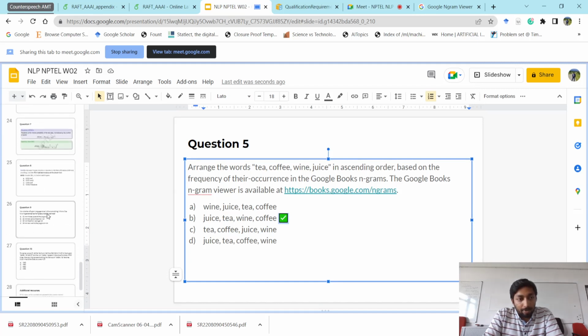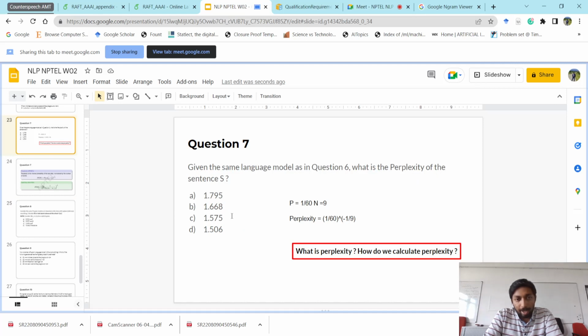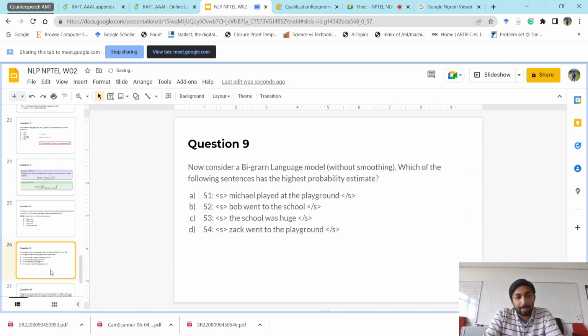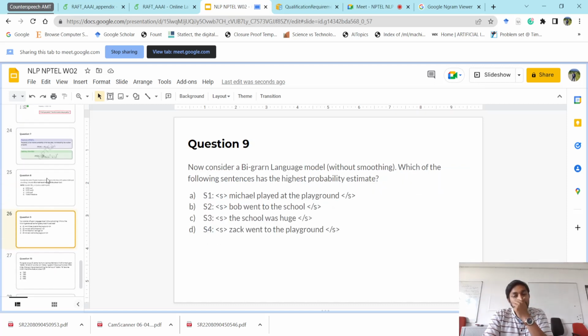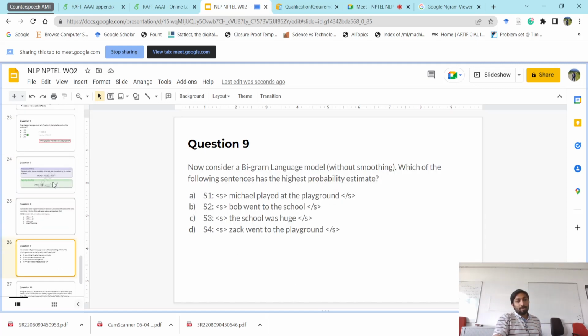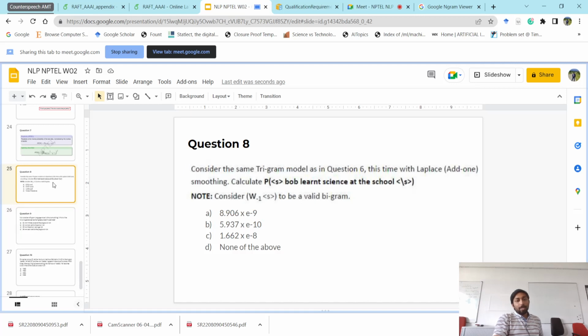There are a few more questions, but they are pretty similar to what we have solved now. So just go through them and let me know if you have any doubt. If you have understood till here, then you will be able to solve the rest of the questions. Here also you have to do the same, calculate this sentence probability.